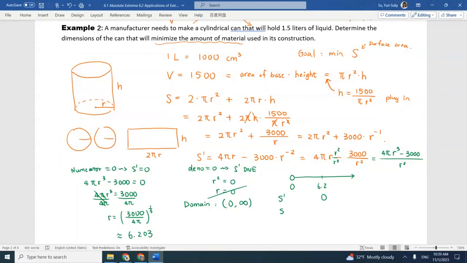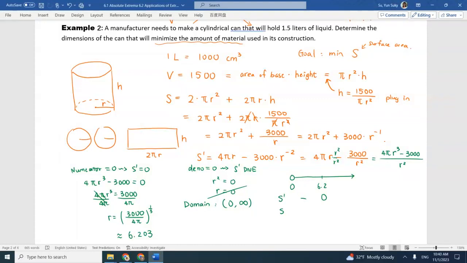Okay, could you pick a number here from 0 to 6? What number do you pick? 1. Okay. 4 pi times 1 is 4 pi. 4 pi minus 3000, positive or negative? Negative. 1 squared, positive. Together is negative.